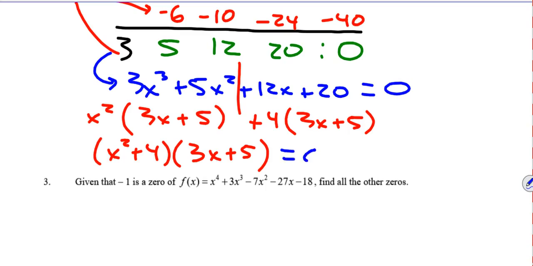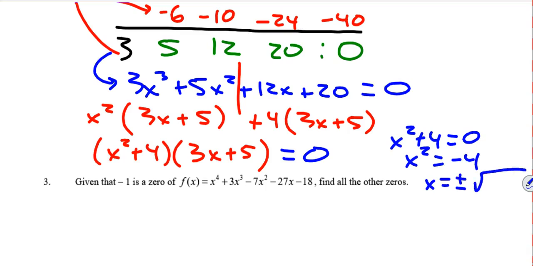Now we need to solve. So x squared plus 4, x squared equals negative 4, x equals plus or minus the square root of negative 4. Negative inside a radical, we should get an imaginary term that happens to be 2i. So those are our two solutions.